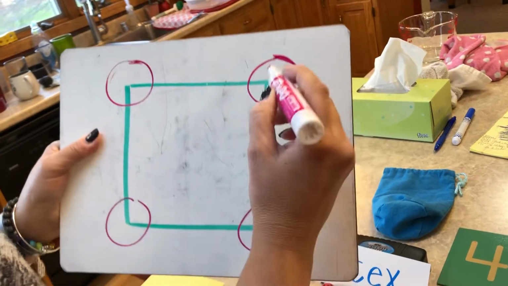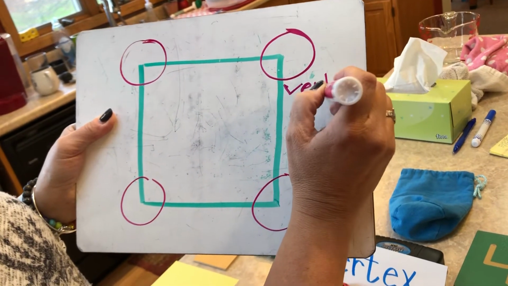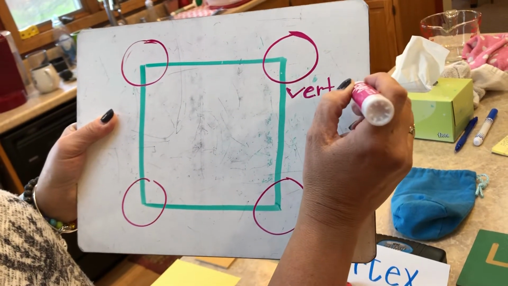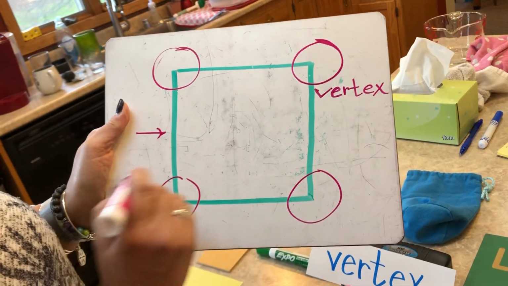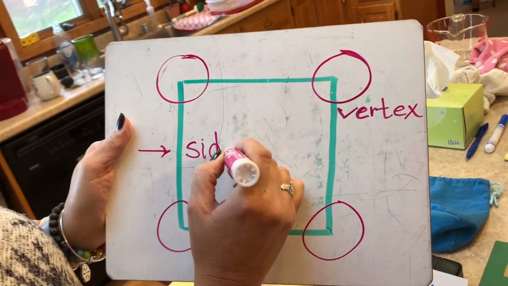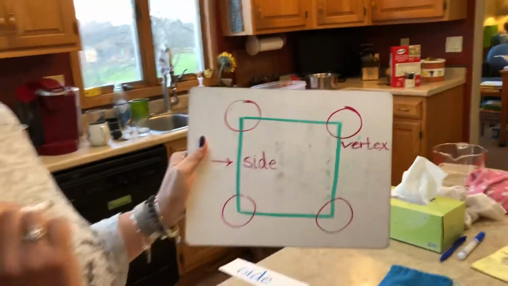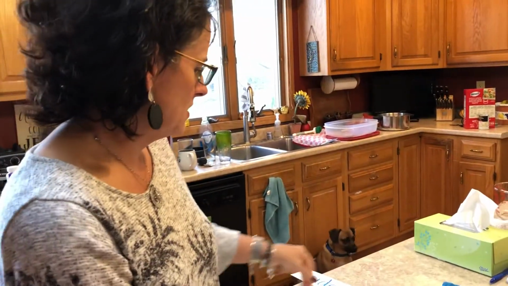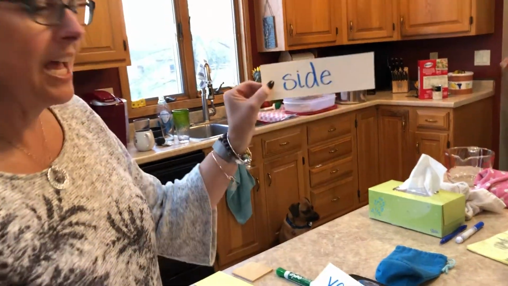And then remember how we label, you can put the word vertex by each corner. And then you could put an arrow, and everywhere that there's a side, you can label it with the word side. This would be a good project for you to do, practicing our 2 new words, vertex, the corner, and side.